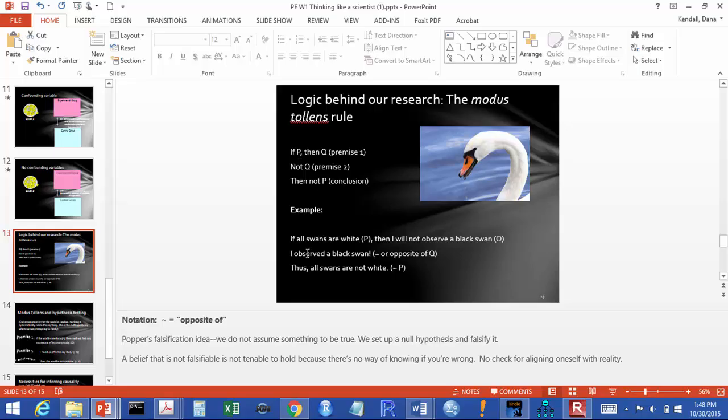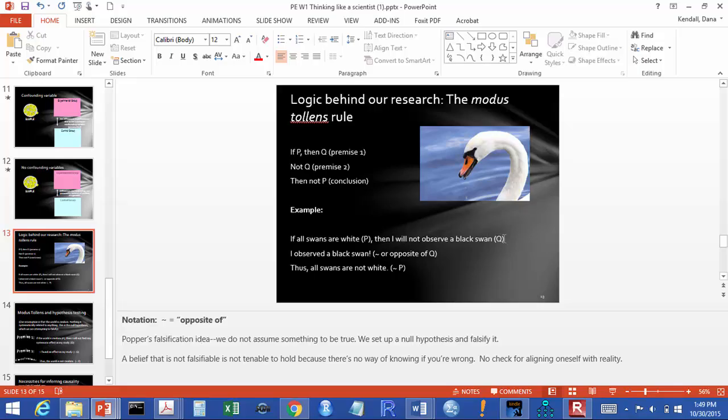Okay, so just a quick note on notation here. The tilde just means opposite of. So it's a reverse of something. Okay, so here's the example of the swans. If all swans are white, okay, so here's my belief for now, then I will not observe a black swan. Okay, so this is true, right?